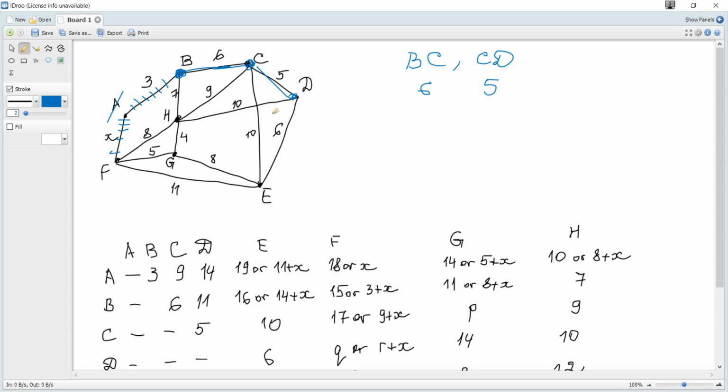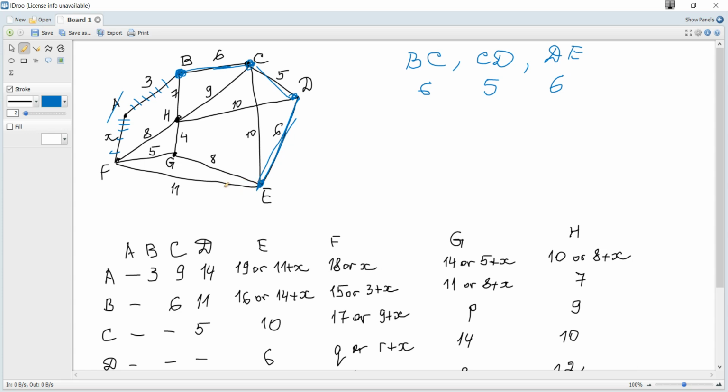We can see the edges from the existing vertices, from B, from C, from D, so that we can connect another vertex, and you can see it's DE, and 6.